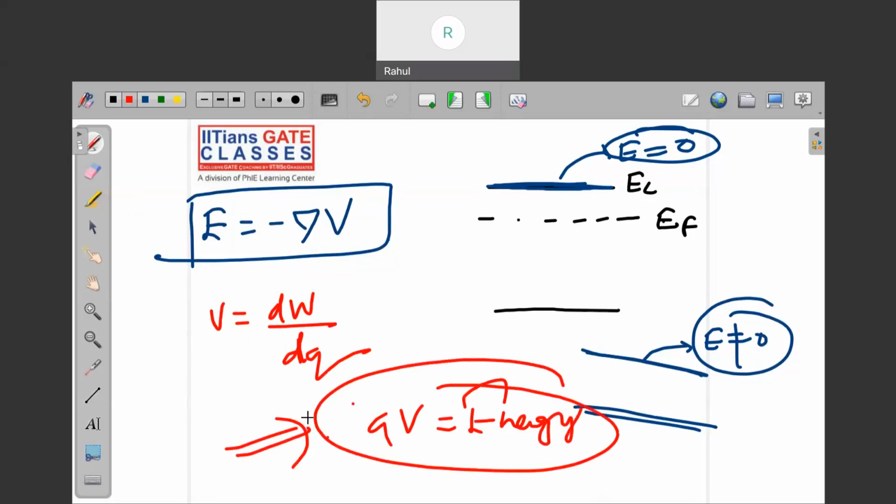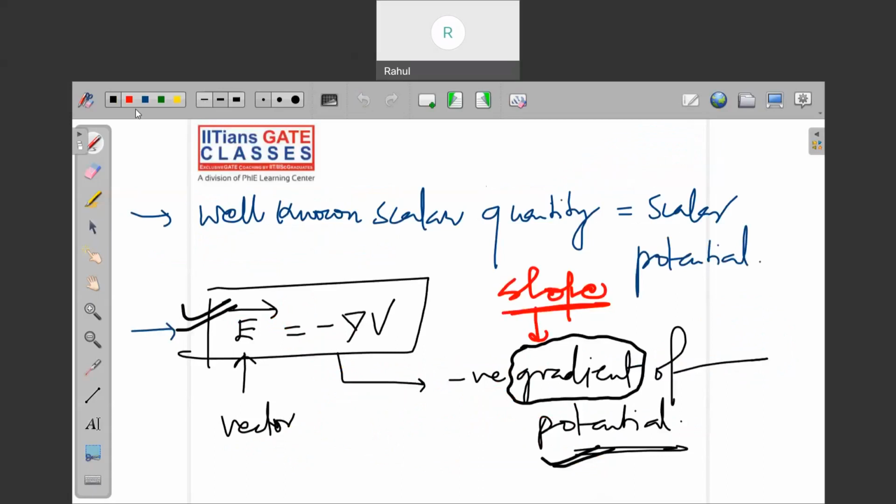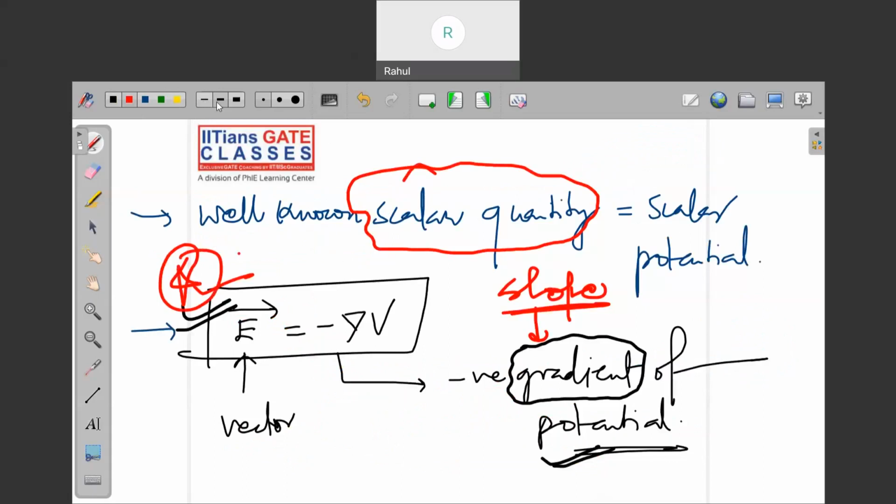These are very basic things which you must understand. So gradient has physical meaning. It has great importance in all electrical engineering and electronics subjects. The well-known scalar quantity, as I told you, is the scalar potential, and you have to keep this relation in mind.